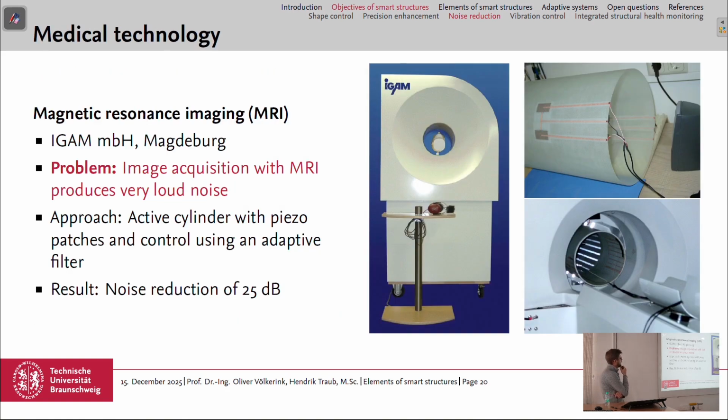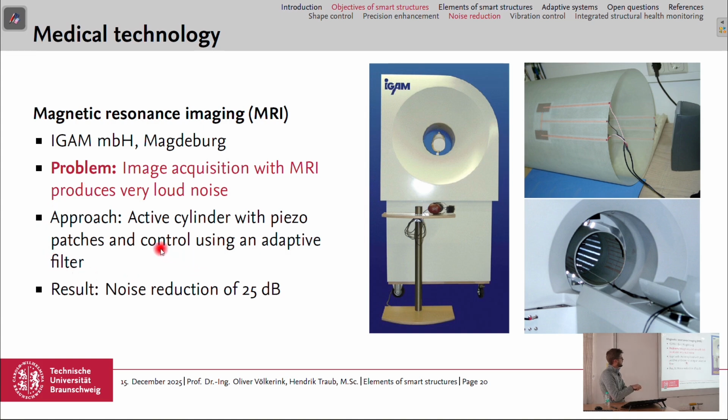Also noise reduction. I don't know if somebody has already been in a magnetic resonance imaging machine. I've not been, but I heard that it's very loud inside, especially when your head is inside.